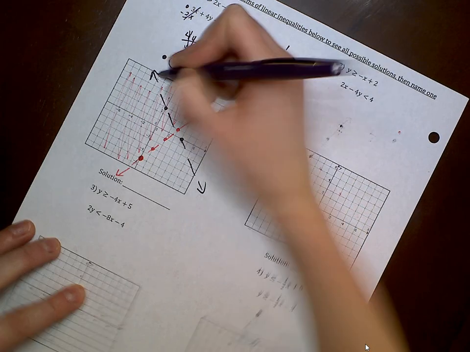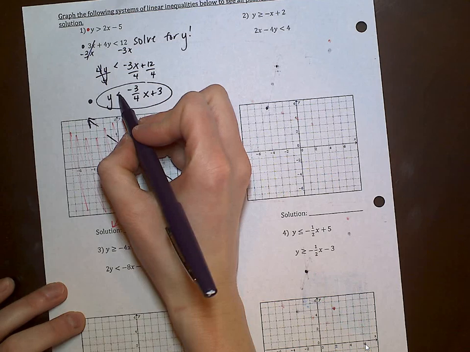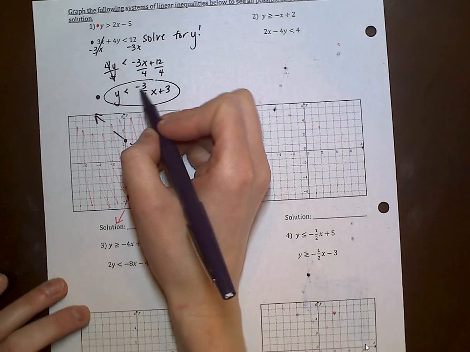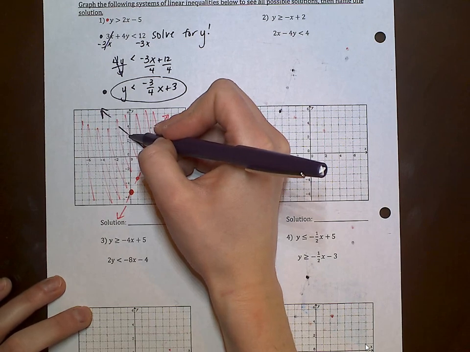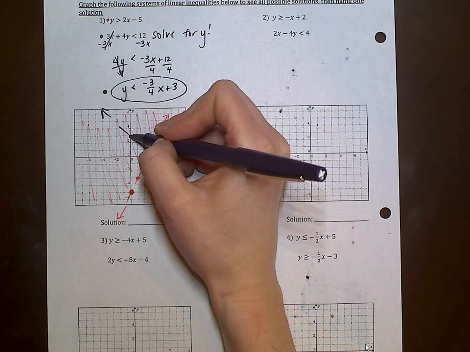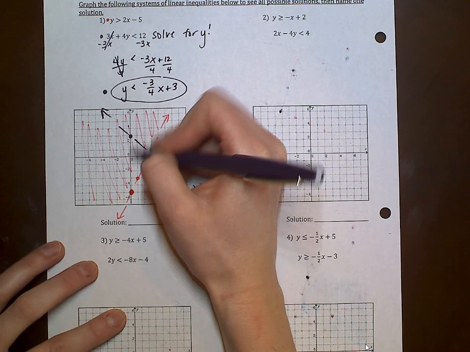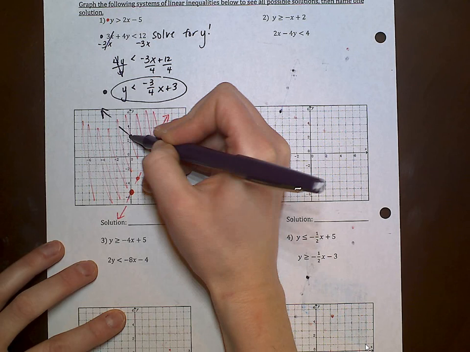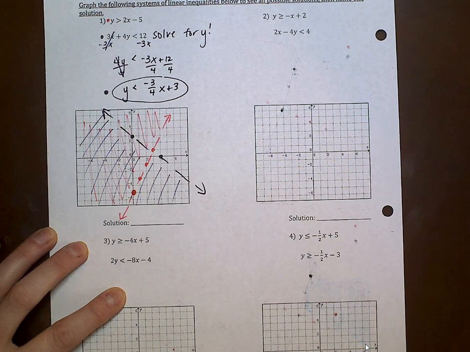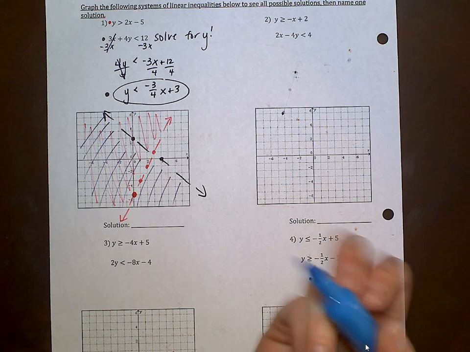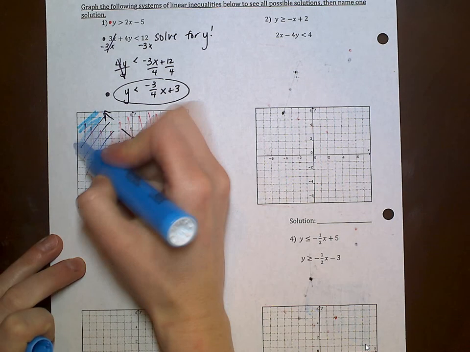And I want to shade this one below because that's a less than. So again, if you have trouble seeing, you can go to the y-intercept and you're looking for the y-axis that's below the line. So down here, all the numbers that are smaller than that. And I want to shade extra dark where my pink and purple shadings overlap, which is this section.